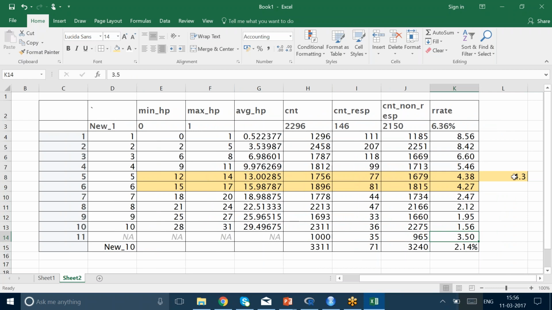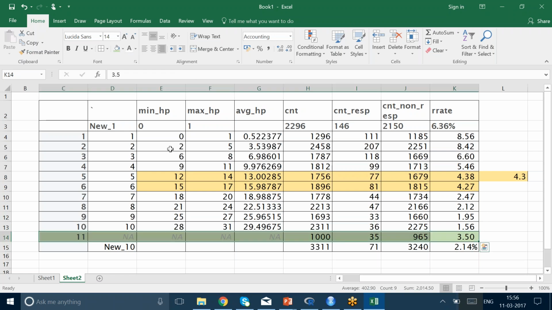So the ideal way is to see what is the response rate of this missing segment and then check where this missing segment falls in this entire range. So where will 3.5 come? 3.5 will come somewhere here in this zone.